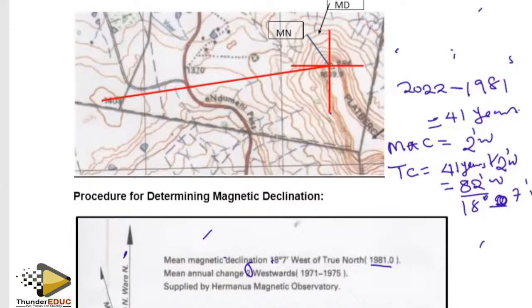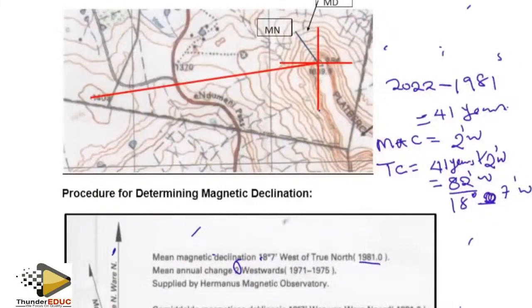I want you to look at this. This number is bigger than 60. What do we do? If it's bigger than 60, we say 82 minus 60. What are you getting? You say it is 1 degree. How many minutes are remaining? It is 22 minutes.